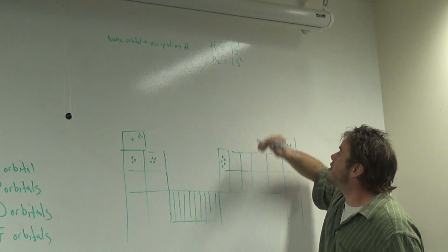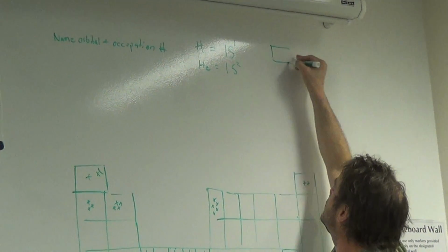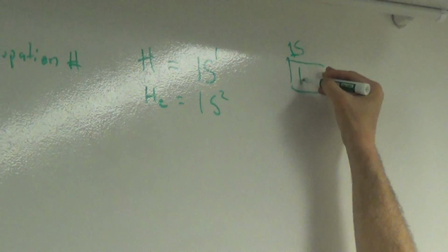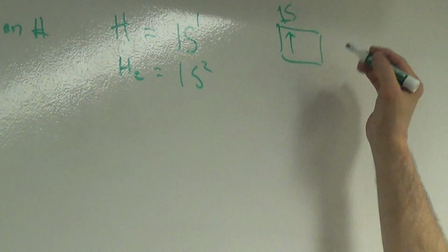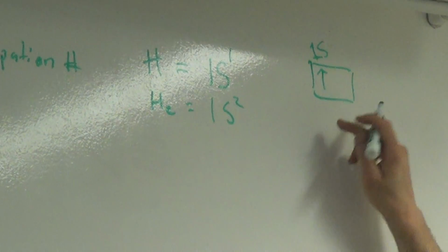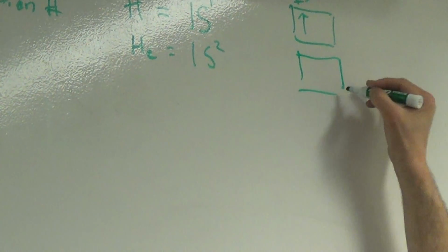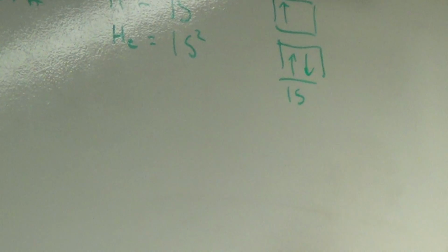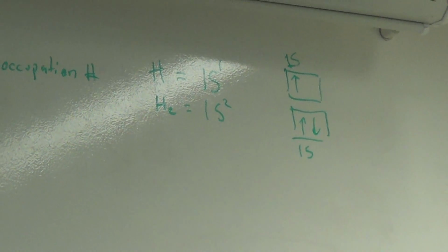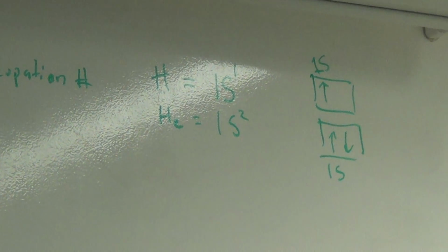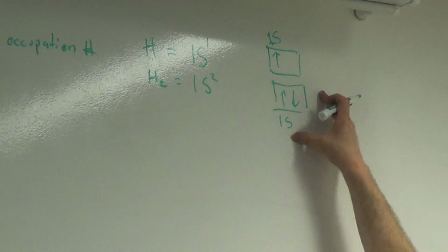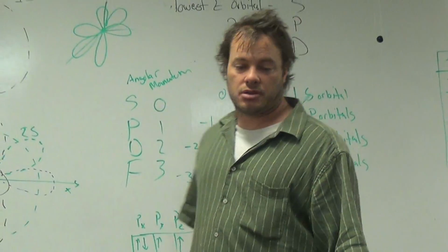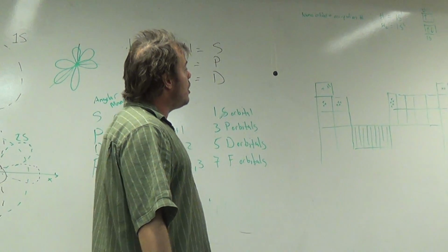You can write the configuration this way, or you can make a little box and put the name 1s on that box and draw an arrow for each electron in that orbital. So for hydrogen, you'd have a box named 1s, and for helium, you'd also have that box named 1s. In hydrogen, you'd have one arrow, and in helium, you'd have two. So you can build up, or you can identify the atom by drawing a box for each orbital and using arrows to show the number of electrons.